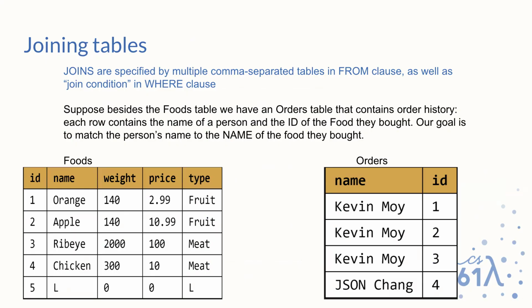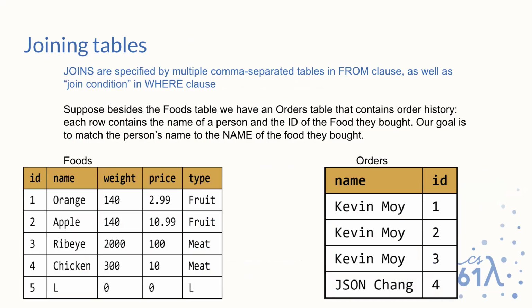So this would be orange, this would be apple. If we join these two tables and sum the price of the fruits they bought, and then group by the name and see whose sum is greater than a certain number, you can do that.